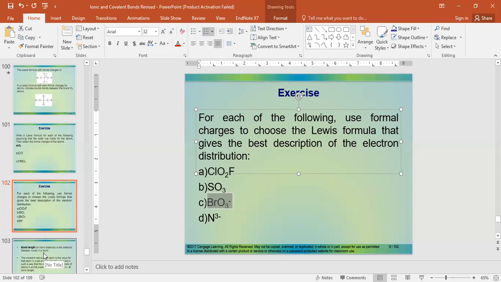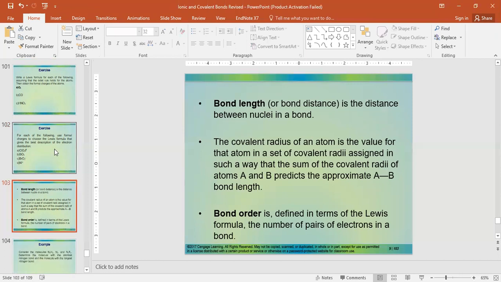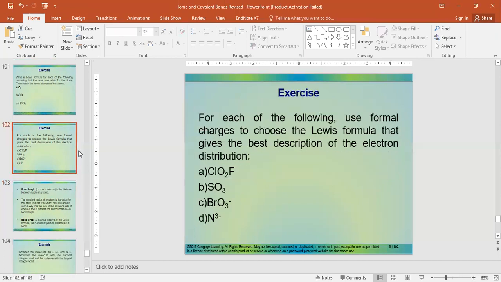So before I go to the bond length, can I take the attendance? Hello? Can I take the attendance? What if we finish the class first and then take the time? You want us to finish first?